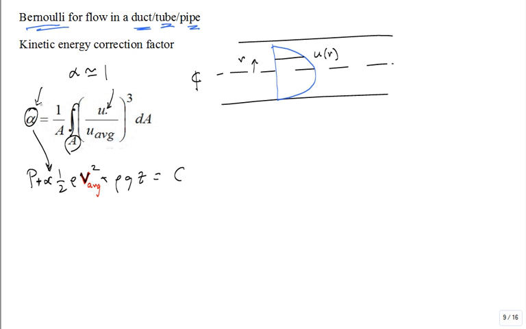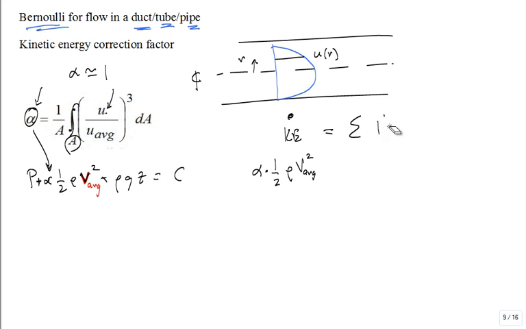So the goal is we want to have the kinetic energy flow rate, KE dot, in the pipe approximated by the simple equation alpha times 1/2 rho V average squared. Well, how would I calculate the kinetic energy flow rate? I would sum it up over all of the little chunks of fluid that are flowing down that duct or pipe or tube.